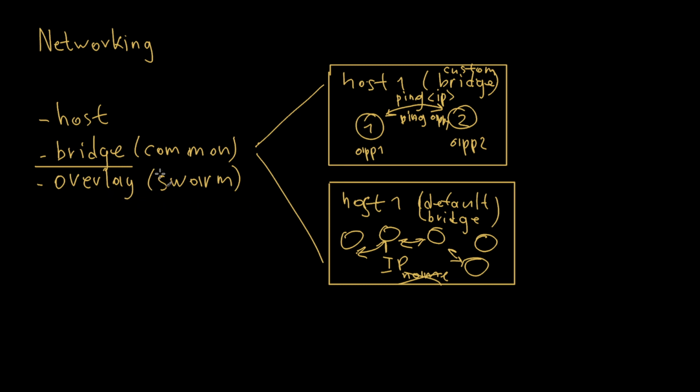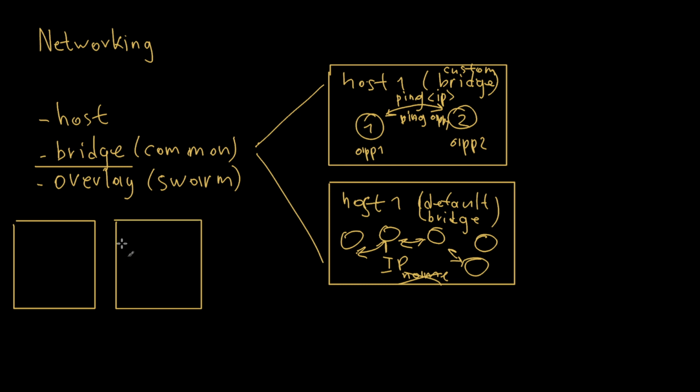So you create a service, it will use an overlay network to create communication between several hosts, like you have two computers running, a first machine and a second one.